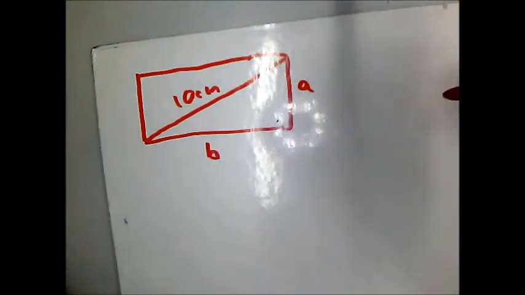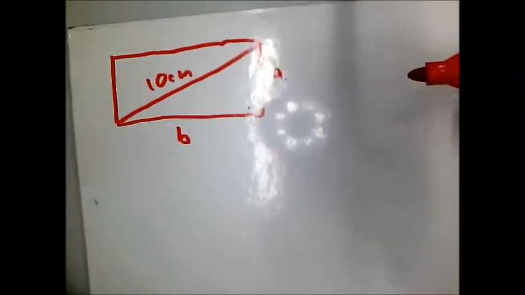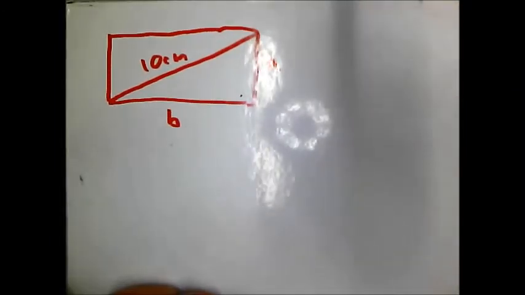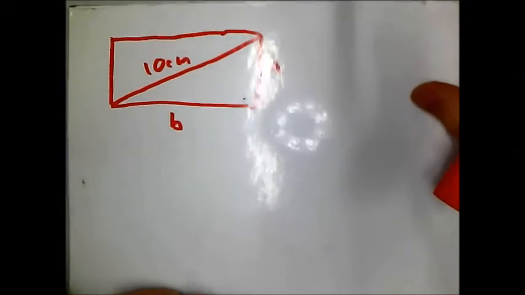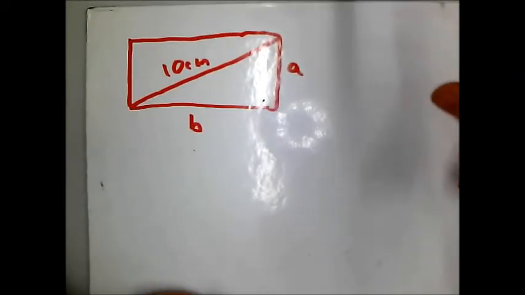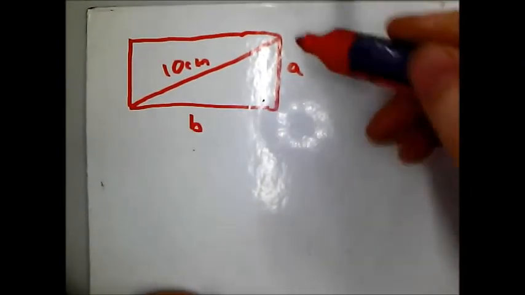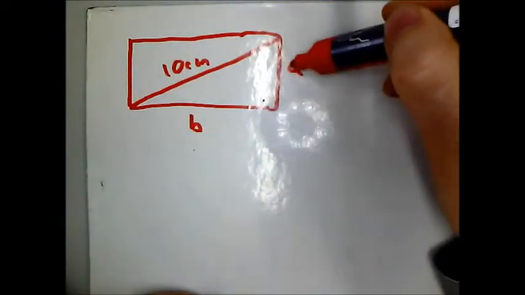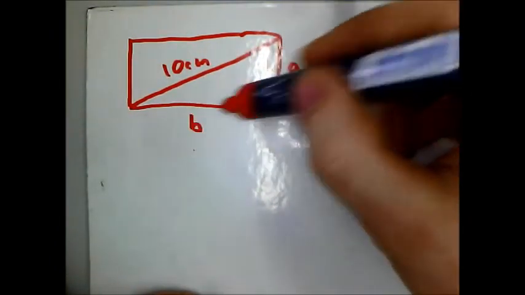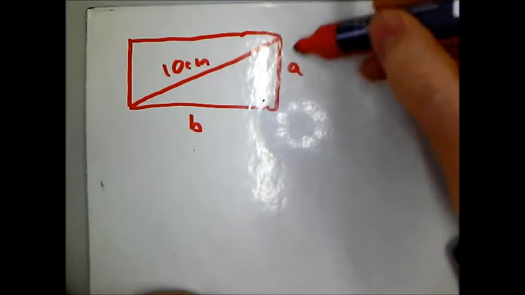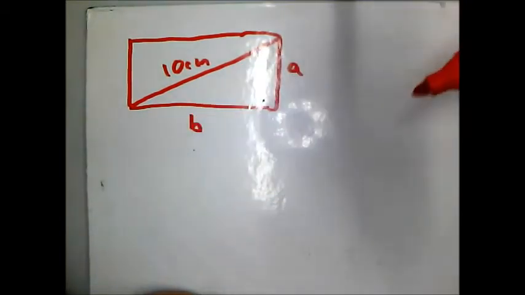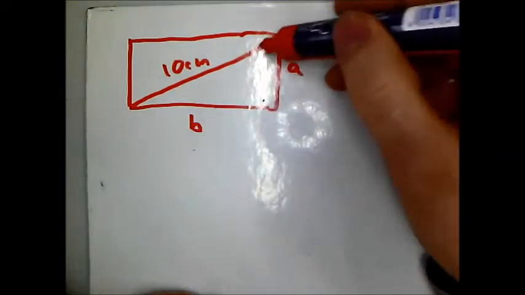Now, this is a very tricky question, but it requires just a little bit of different thinking to what you may be used to. Obviously, A and B can be an infinite number of values. If this is, say, 2, B will be something completely different. These values can be anything as long as it works for this triangle.